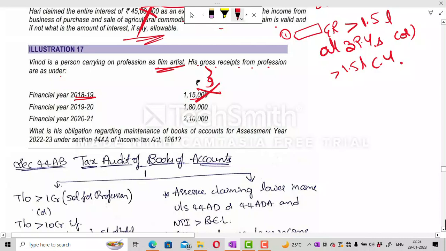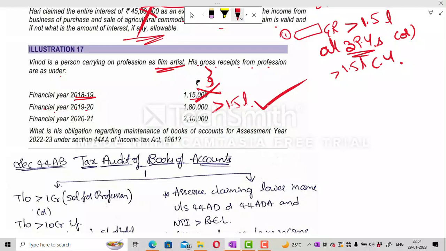So we have discussed that in the three preceding previous years it is not there, and in the current year it is not likely to exceed. In financial year 19-20, 1,80,000. So it is more than 1,50,000. It is more than 1.5 lakhs, so he needs to maintain.